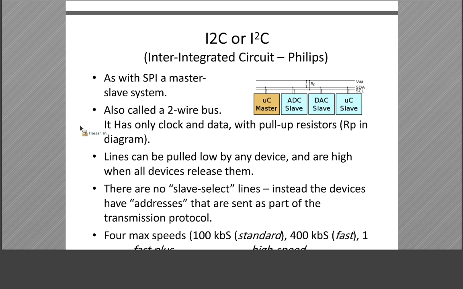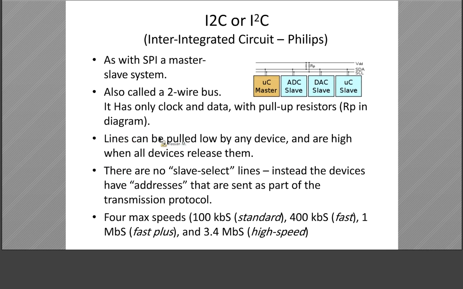It has only clock and data, SCL, serial clock, and SDA, serial data, with pull-up resistors, here RP. When master or slaves don't work with this bus, both SCL and SDA are at high level because of the pull-up resistors in idle mode.